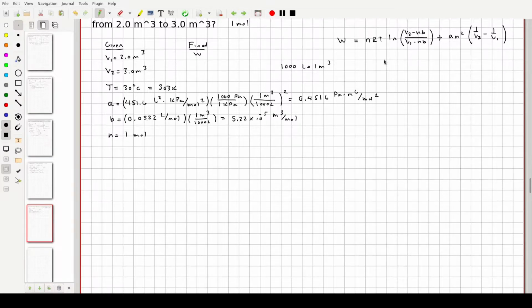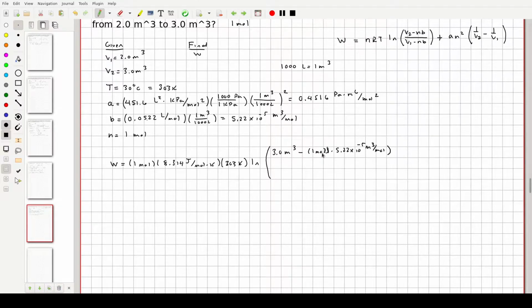All right. So it's just working with this equation for the most part. So our work here is nRT, that's 1 mole, times 8.314 joules per mole Kelvin, times 303 Kelvin, times the natural log of, this is pretty big, 3 cubic meters minus 1 mole times B, which is 5.22 times 10 to the minus fifth cubic meters per mole.